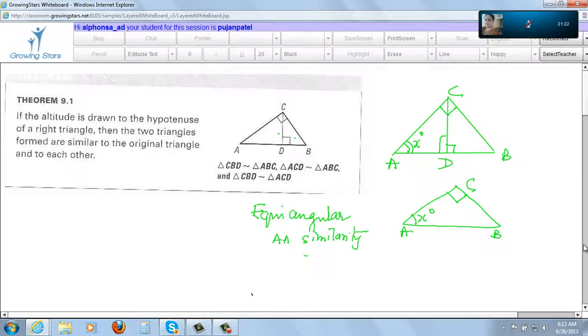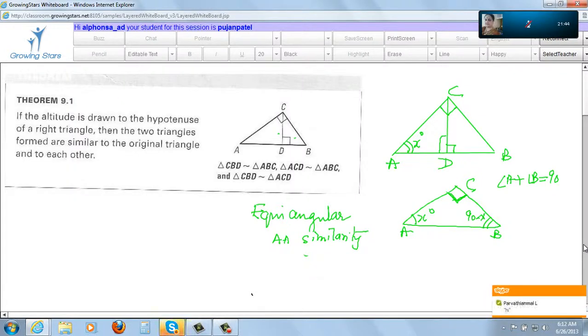What will be the measure of this angle B? You already have a 90 here. So angle A and angle B won't they be complementary? Yes, 90 minus x. Very good. So this is going to be 90 minus x.